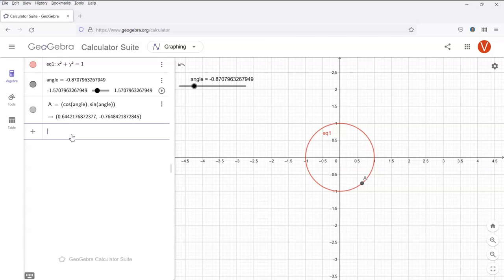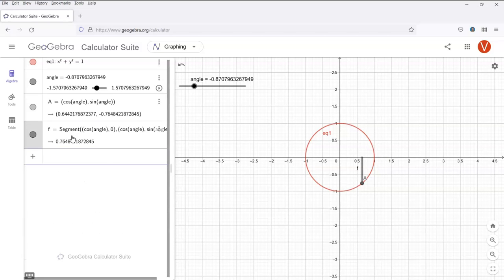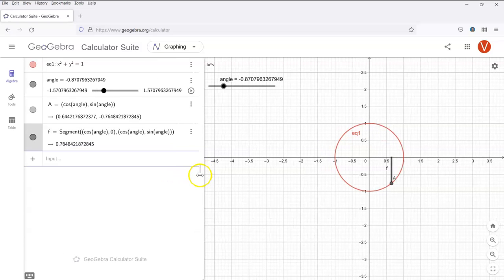Now what we'll do is we'll put a perpendicular to the x-axis and the y-axis. So segment cos of angle comma 0 to cos of the angle comma sine of the angle. So try to understand this.